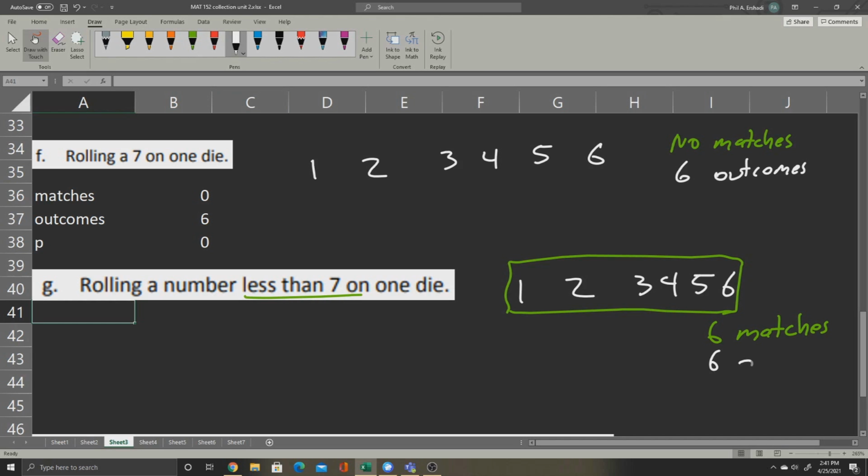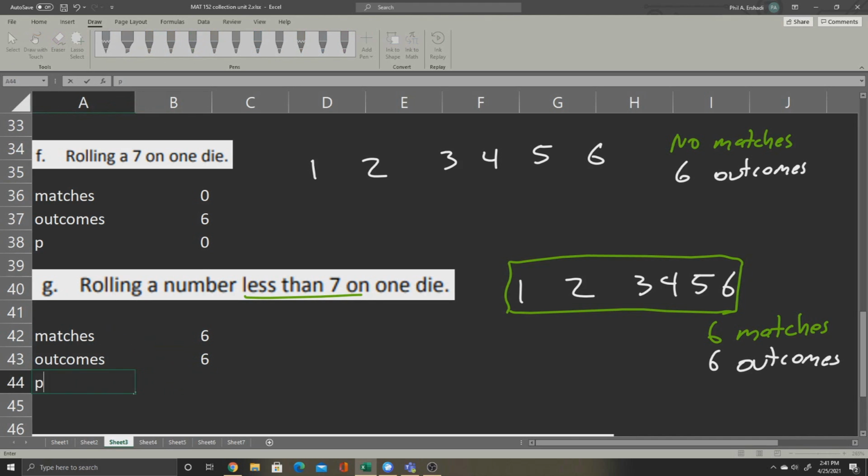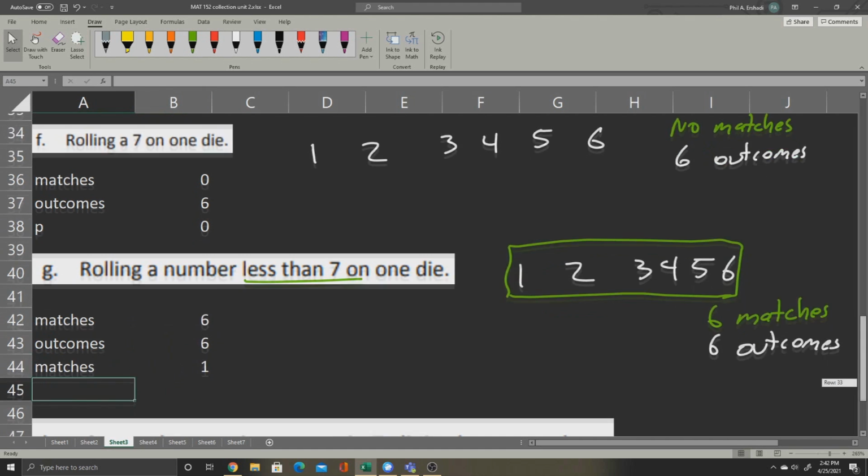This is out of a total of 6 outcomes as well. So let's write that we have 6 matches and 6 outcomes. The probability then is going to equal the number of matches divided by the number of outcomes, giving us a probability of 1.